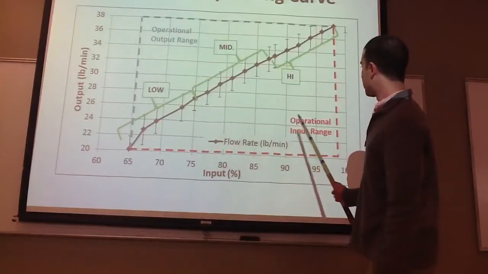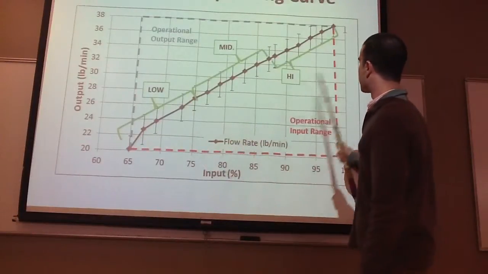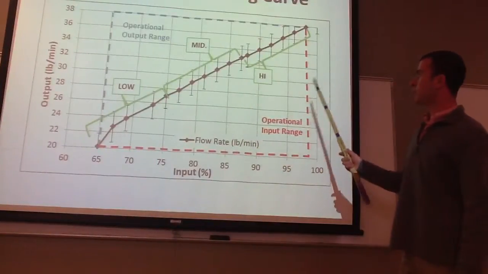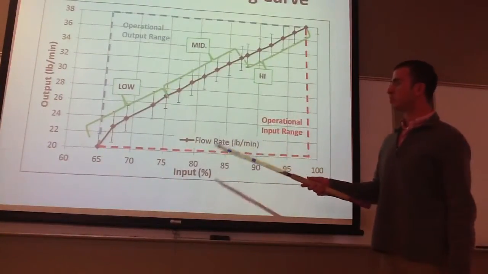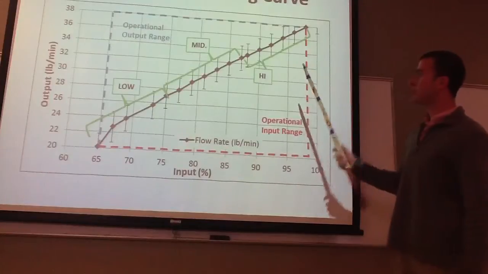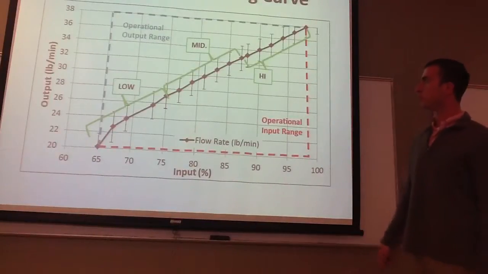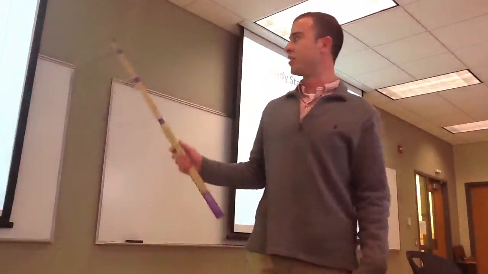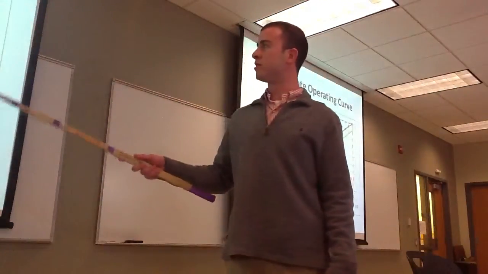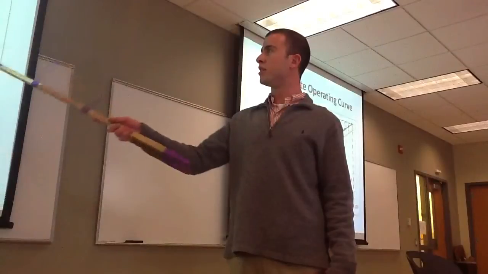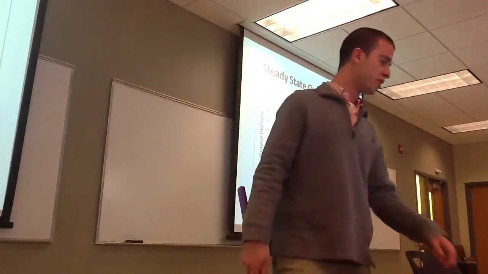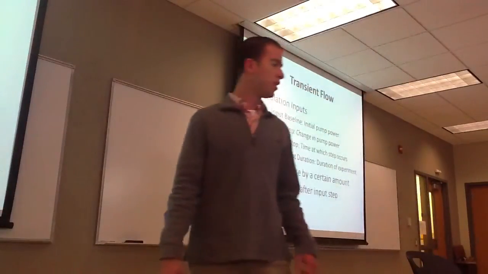Our operational input range pretty much all the way through, from low to high, goes from 20 to 38 pounds mass per minute. That just shows that it was pretty much linear all the way through, and you give a certain percentage, and from that curve you can determine what output you'll receive from the input percentage.